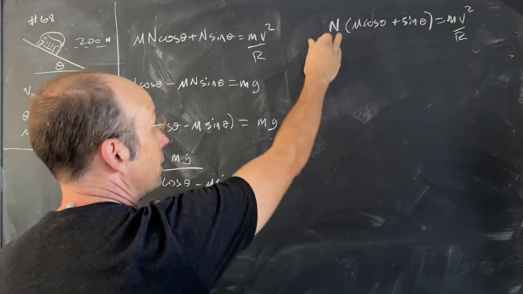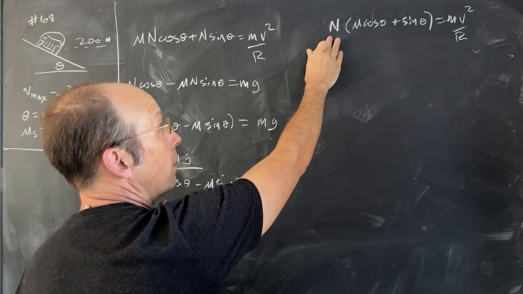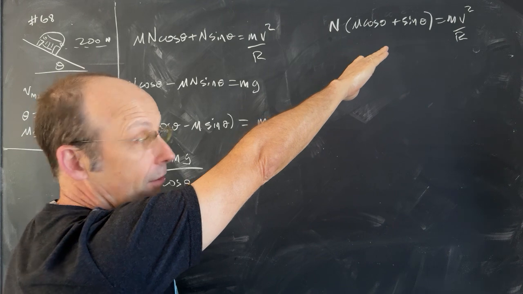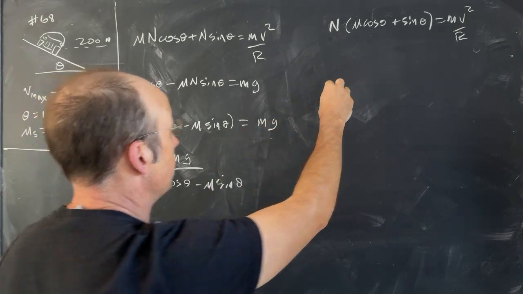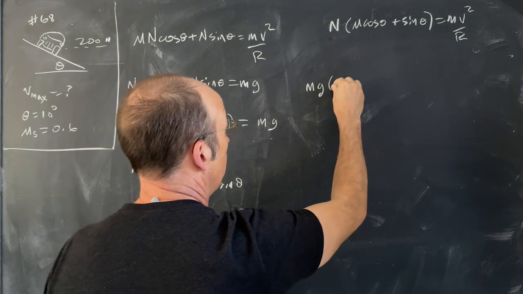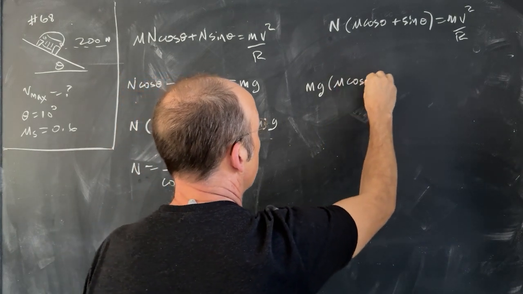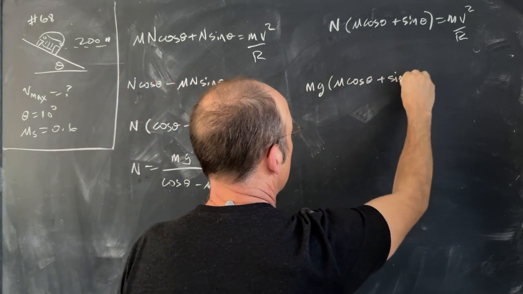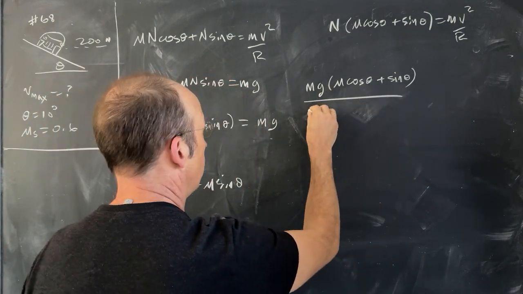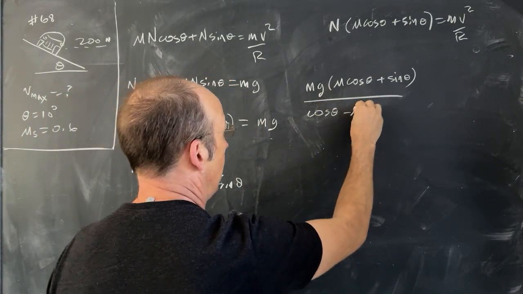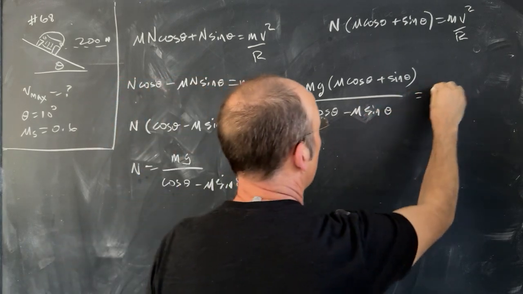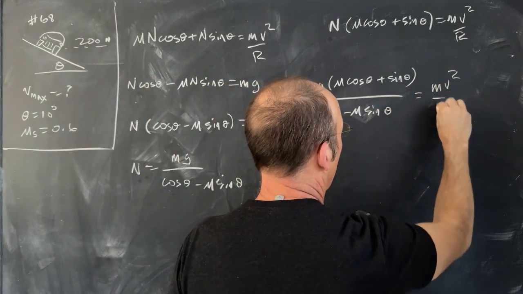And then I can substitute in for this n. I don't need to solve for that. I want to keep that v on the other side because that's fine. So all I'll do is substitute this in. I get mg times all that, mu cosine theta plus sine theta, and then I have to divide by cosine theta minus mu sine theta, and that's going to be equal to m v squared over r.